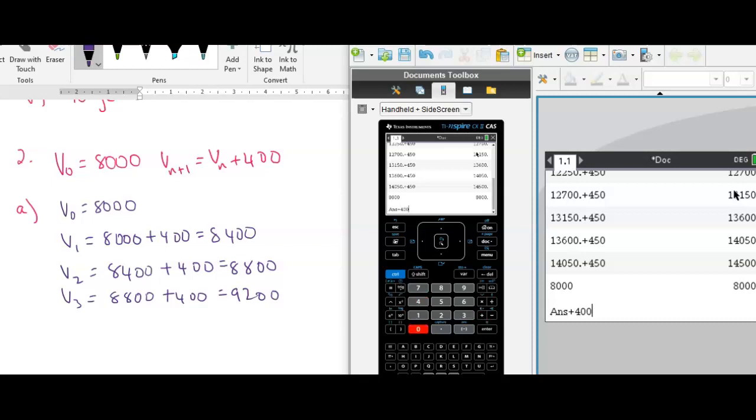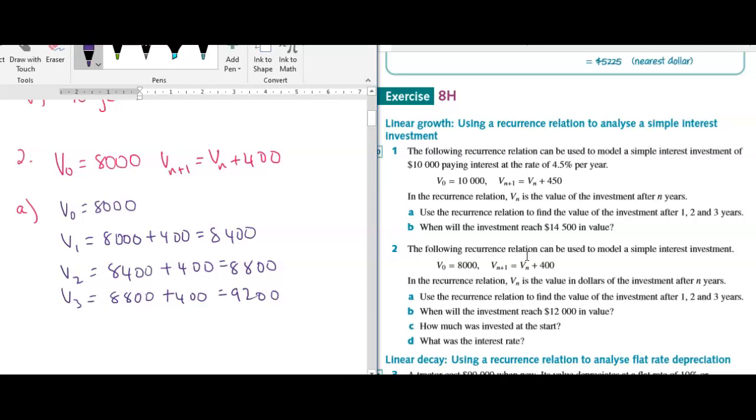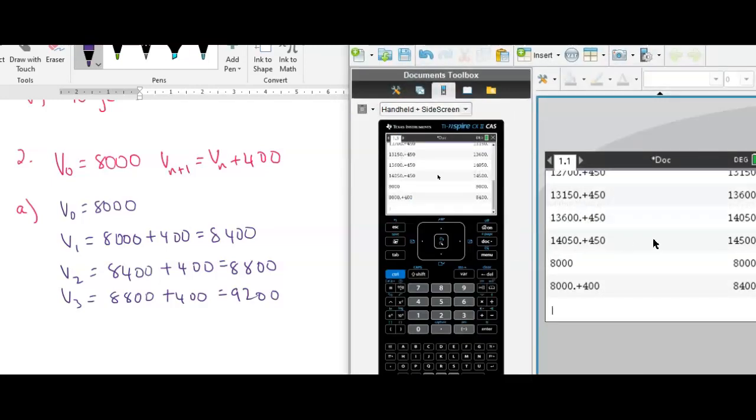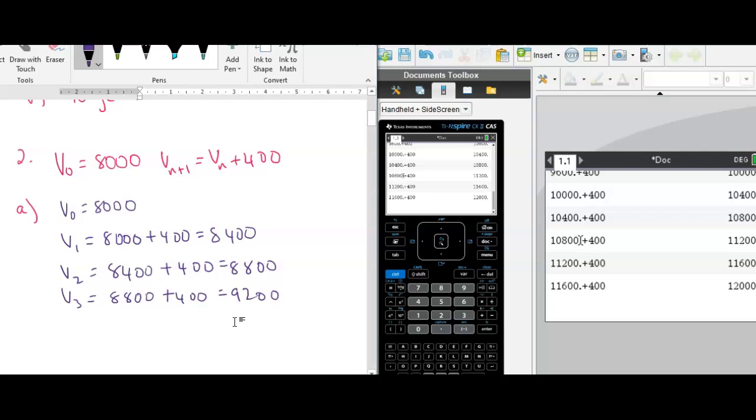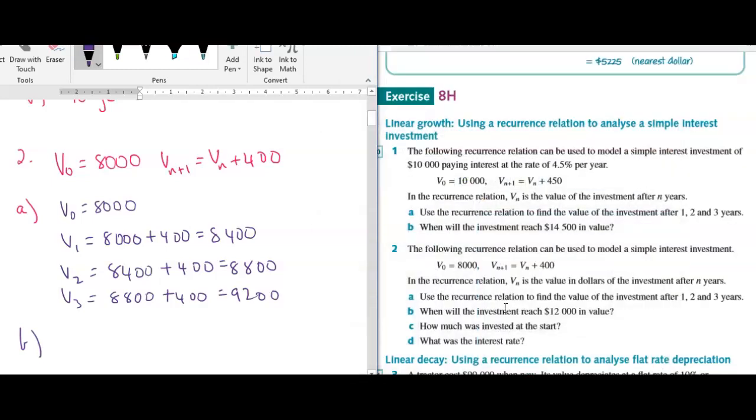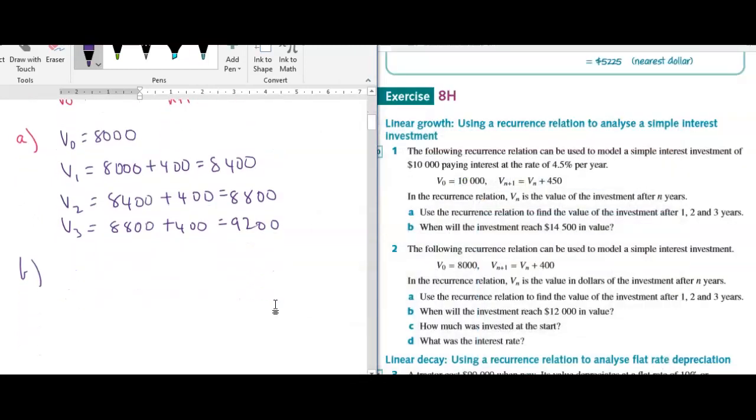Okay, so we got 12. Okay, so we've got 1, 2, 3, 4, 5, 6, 7, 8, 9, 10. So it's going to take, what are we working with? Years? So 10 years.